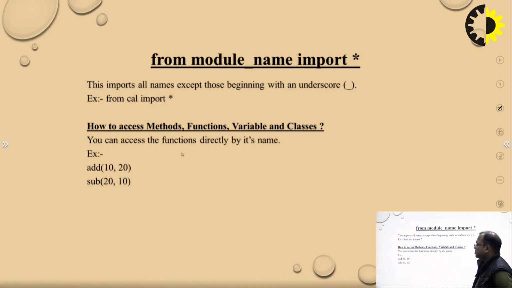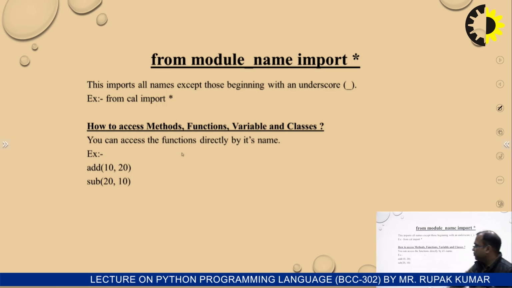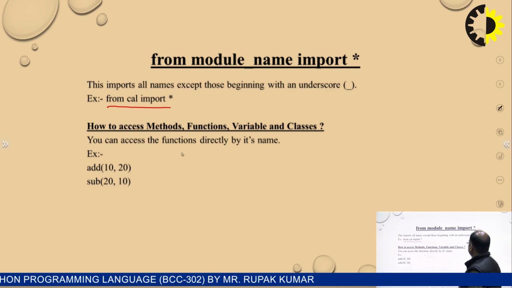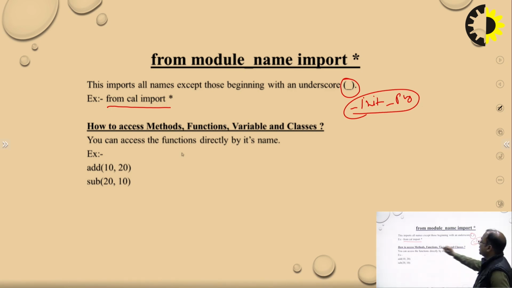Import star, we already discussed this, imports all names except those beginning with an underscore. It means all functionality can be called with the help of this import, except what begins with an underscore. There may be some function that starts with an underscore; except that, all other functions can be called with this, from call import star. If there is a file like underscore underscore init underscore underscore py, anything like that, this cannot be called with the help of star.